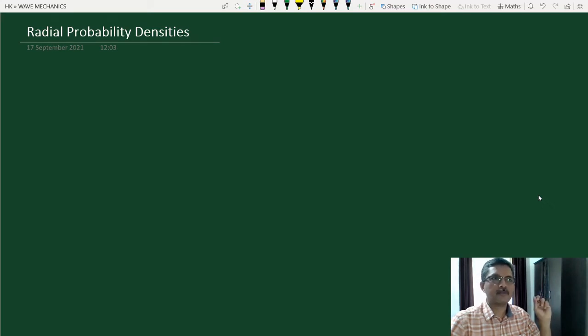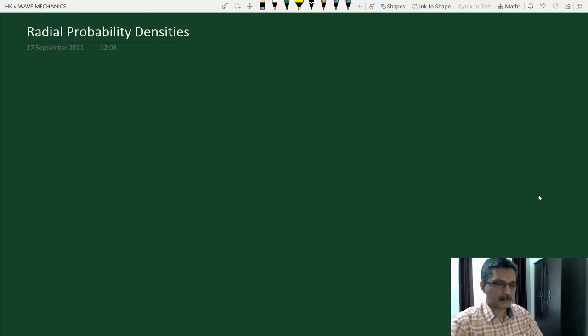In today's class, we consider the radial probability densities. Radial probability density means what is the probability of finding the electron at a particular radial distance away from the nucleus, or a particular region away from the nucleus, at a fixed radial distance.